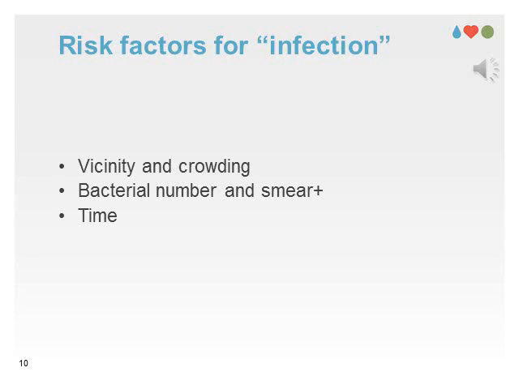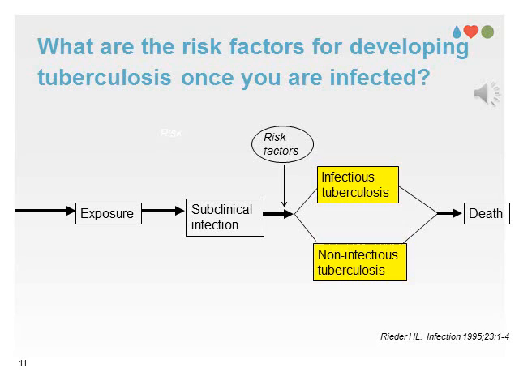The bacterial load of the source case is also a determinant, for example, as indicated by grade of positivity in a microscope. It is also dependent on duration of the exposure to the source case, like time shared in the same room.